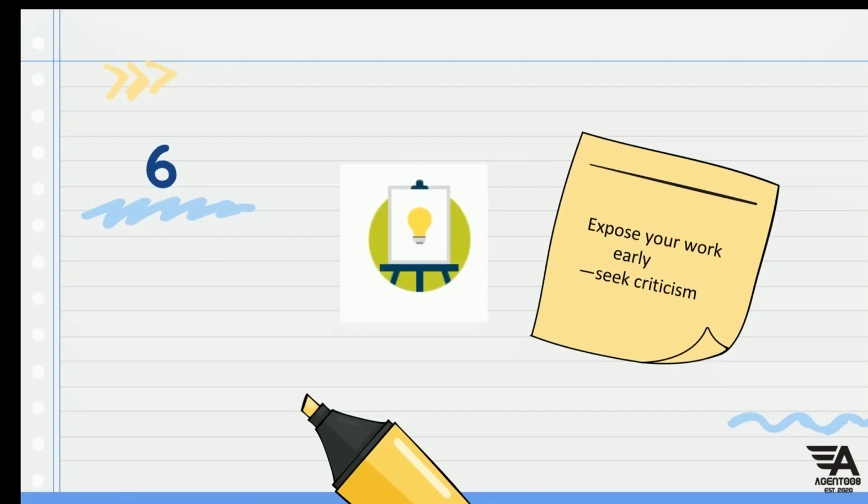Number 6, actually, you need to get feedback early, in the early stage. This is my suggestion, because when you take feedback from stakeholders or customers, you can convert this feedback into a positive thing and use it to develop your product.